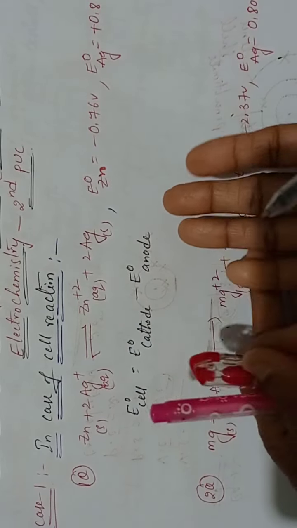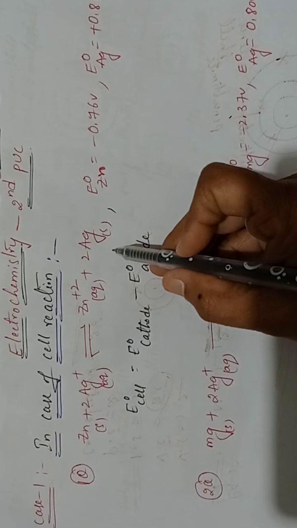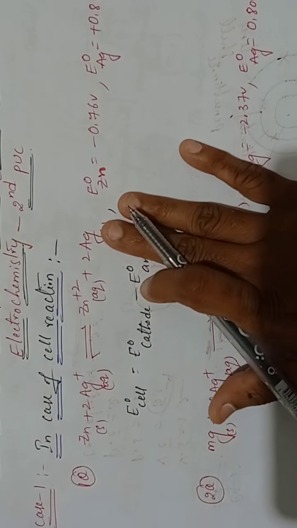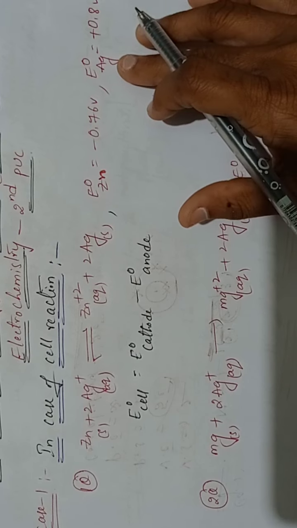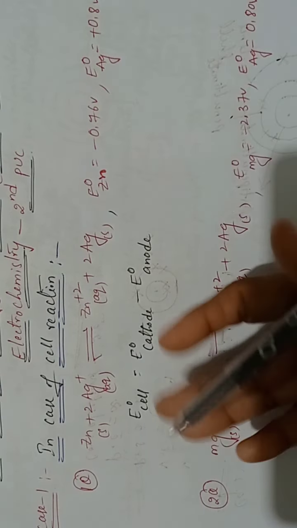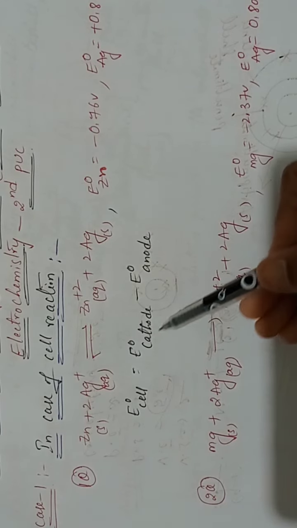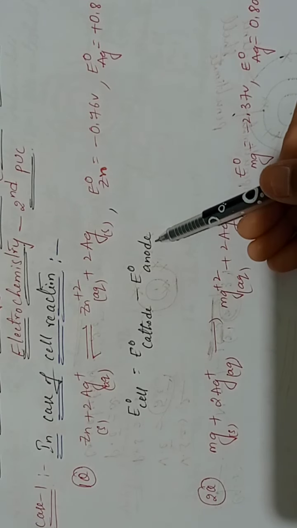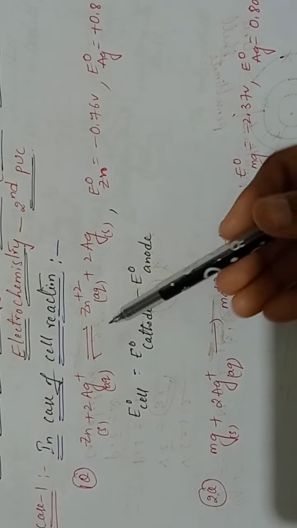Here students face a little difficulty identifying the cathode and anode in the cell reaction. This is the cell reaction. Here they have given the zinc and silver standard electrode potentials, and we have to find the standard EMF of the cell. The formula is E° cathode minus E° anode, so we have to identify which is cathode and which is anode.